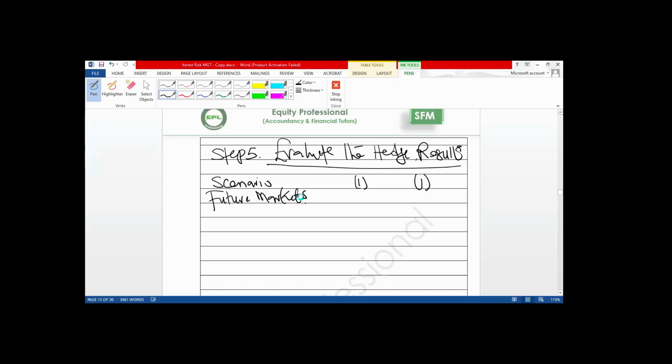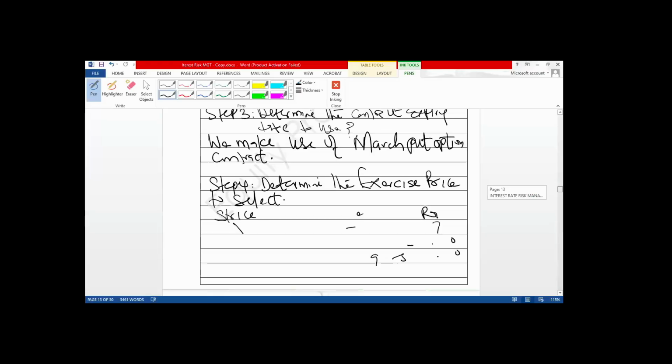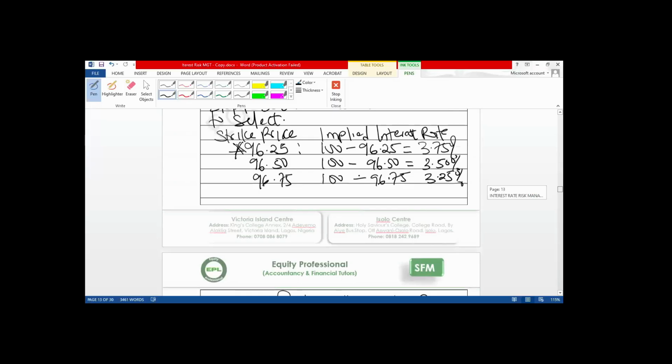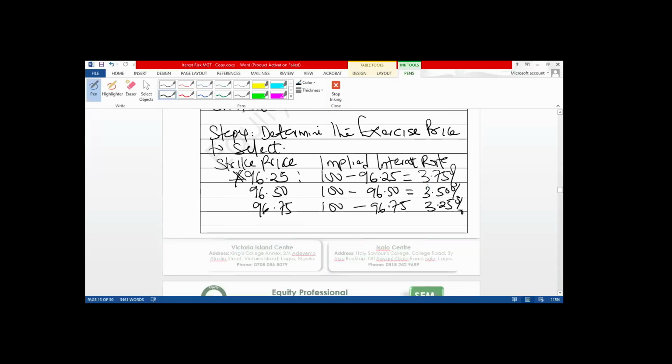Our implied exercise price. That is the interest rate. Look at it. Implied rate at 96.25. The interest rate is 3.75. Pick that.